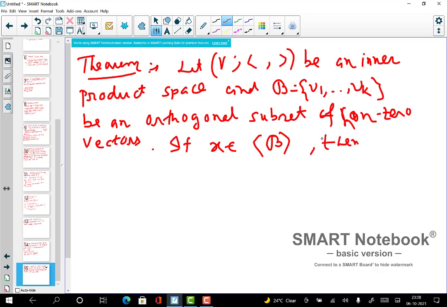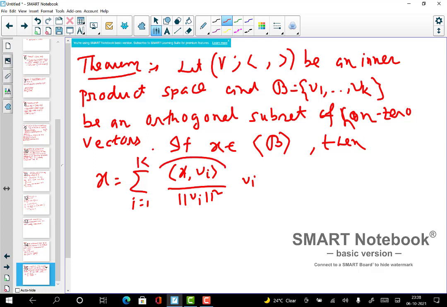Then you can write x in terms of these vectors, and you can say what the coefficients are. So x can be written as the summation of the inner product of x with vi, divided by norm of vi square, times vi, i equal to 1 to k.